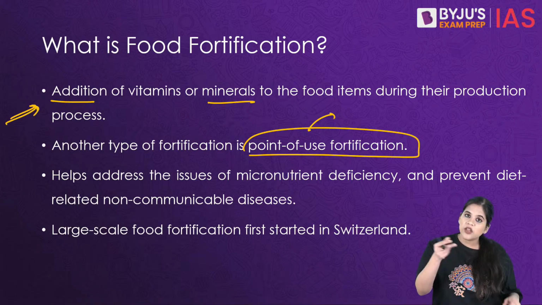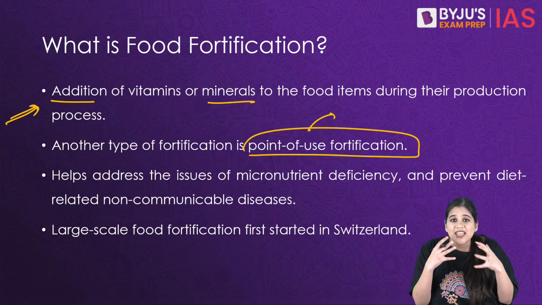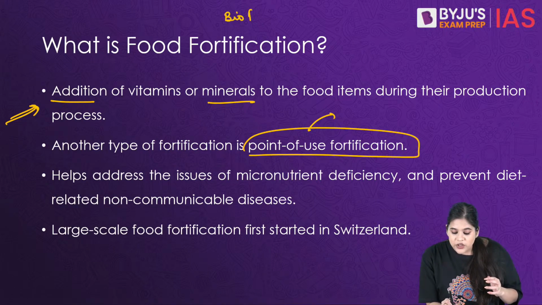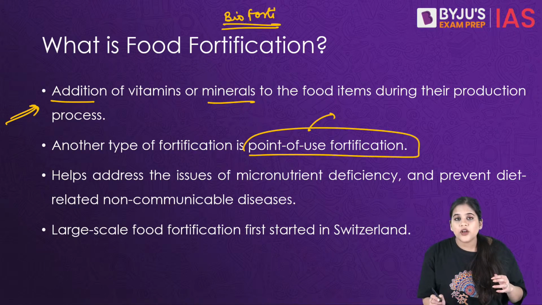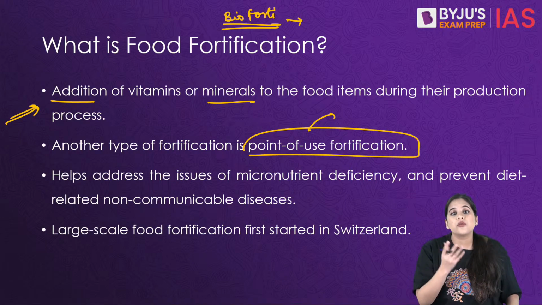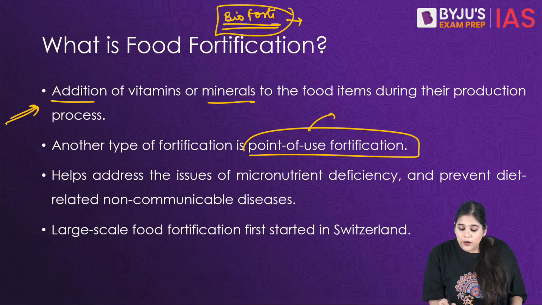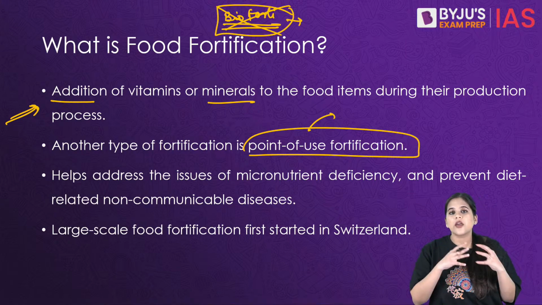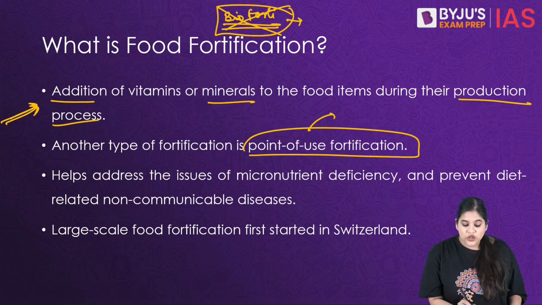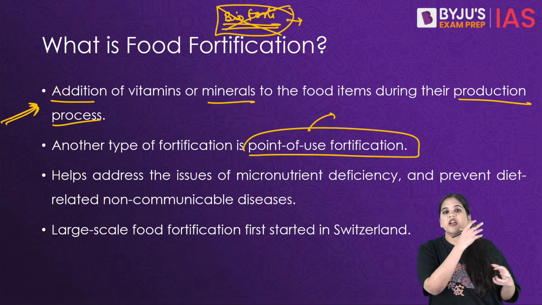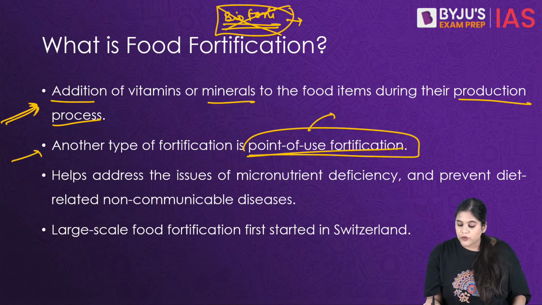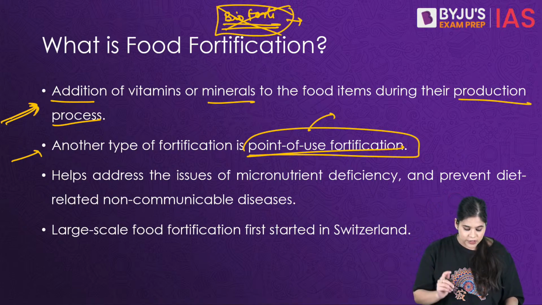Industrial fortification happens during the manufacturing process, during the processing part of the food. So there is also biofortification, which includes modifying the plants to make them more nutritious. Okay, so we are not talking about biofortification, we are just talking about industrial fortification that takes place during the production process when the crops are getting processed or getting packed for consumption. Then we have point of use fortification, which I have already explained.